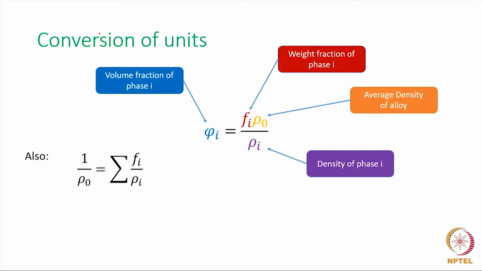And we also have relationships that govern the different volume fractions and densities of the phases, giving us the average density of the alloy in the following manner. So we can use these to convert whenever the weight fraction of a phase is given or volume fraction of a phase is given, and we are supposed to make assumptions to convert the units.